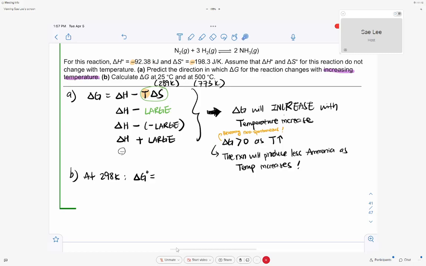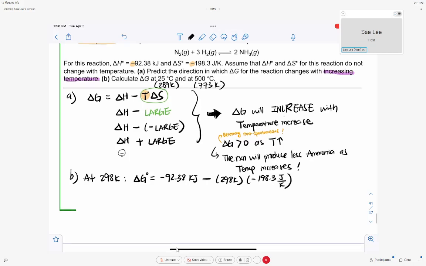enthalpy, negative 92.38 kilojoule, minus temperature, 298 Kelvin, times entropy value, negative 198.3 joule per Kelvin. Again, this is in joule, this is in kilojoule. We need to make a conversion.